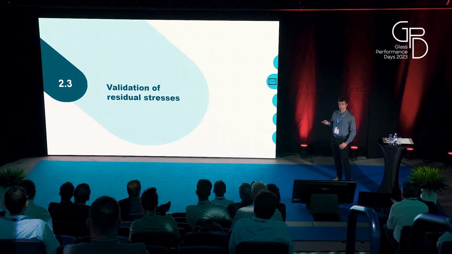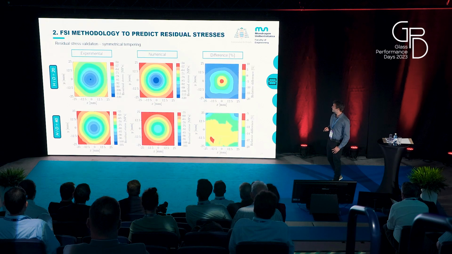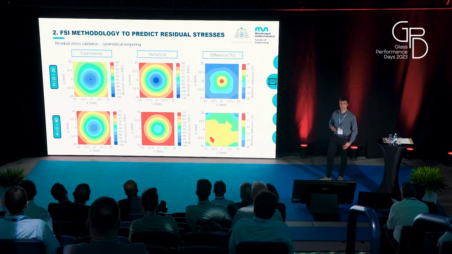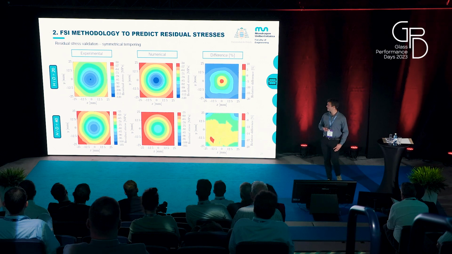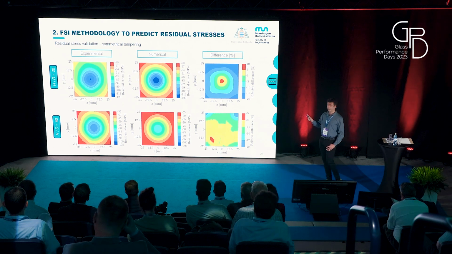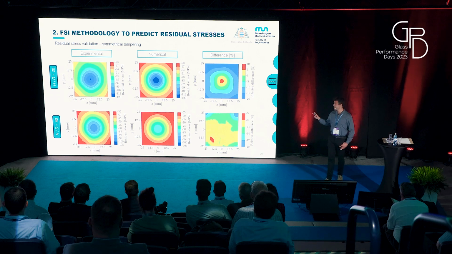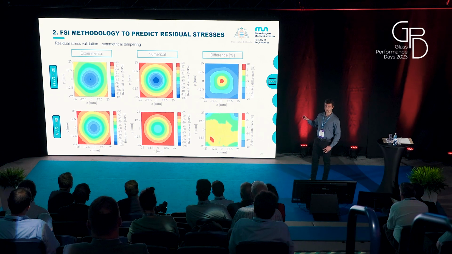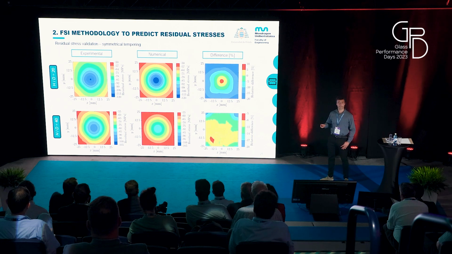So turning now to the validation of the results. Here we can see the residual stress distributions for the symmetrical tempering case. From left to right, we can see the experimental values, the numerical predictions and the difference between them. And on top, you can see the short jet-to-plate distance, and below, the large jet-to-plate distance.